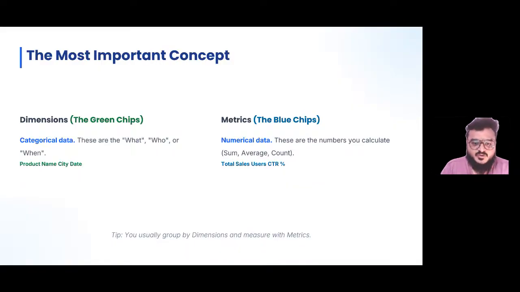So this is the most important thing, and you have to remember this whenever you are using Looker. We can group the data with the help of dimensions, and we can measure with the help of metrics. That is the tip you have to remember.